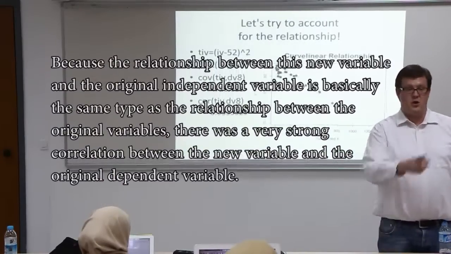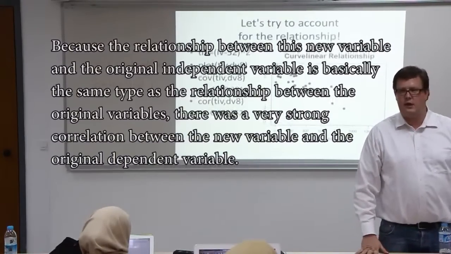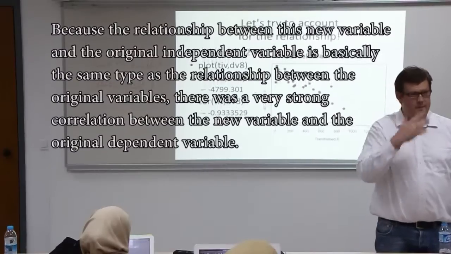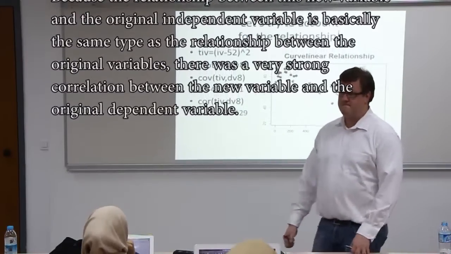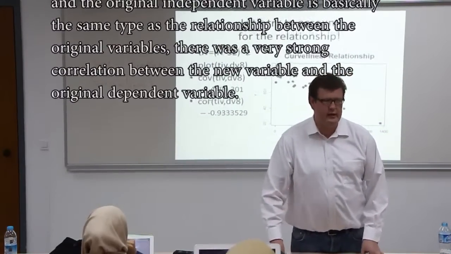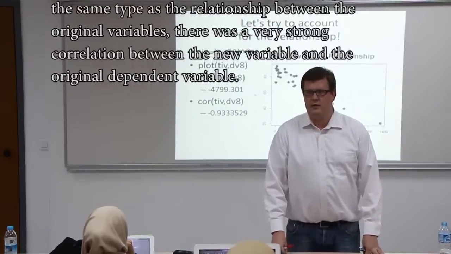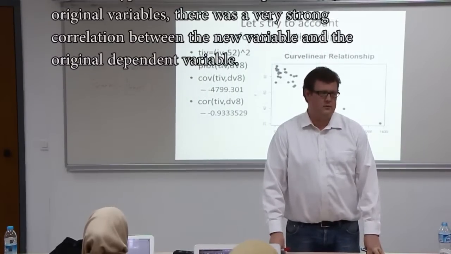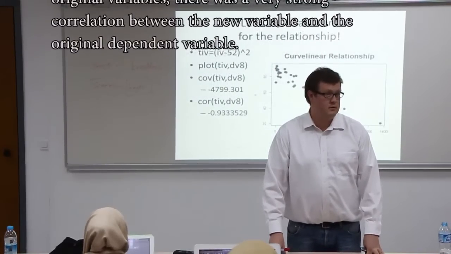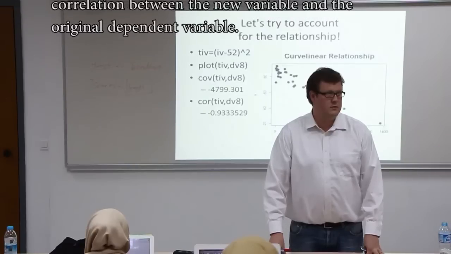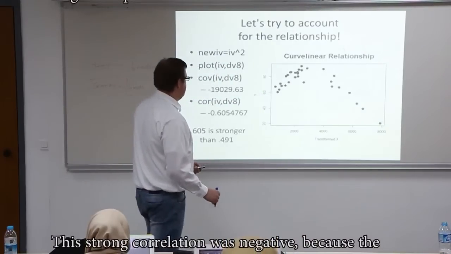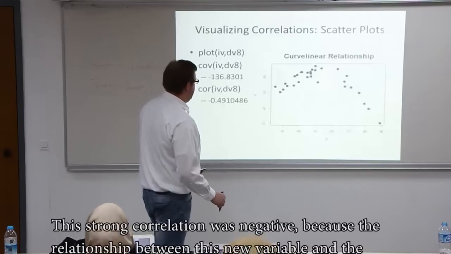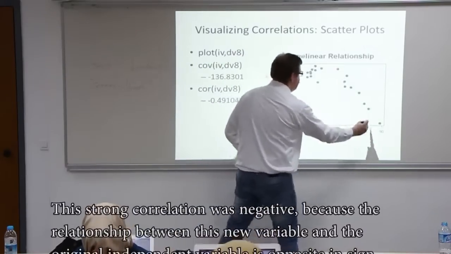Okay, so let's get back to her question, which was, why is the correlation negative? Why isn't it positive? Because as x increases, y increases. If we went back to the original data, we have something that's going like this.